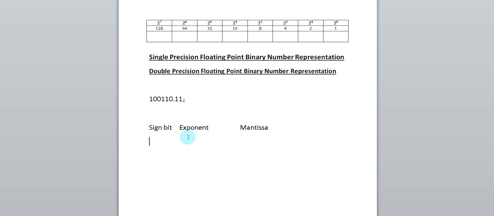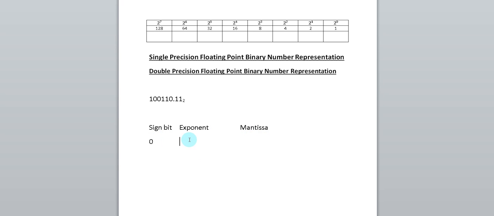It consists of three parts: the sign bit, the exponent, and the mantissa. First, the sign bit is a single bit, where 0 is positive.